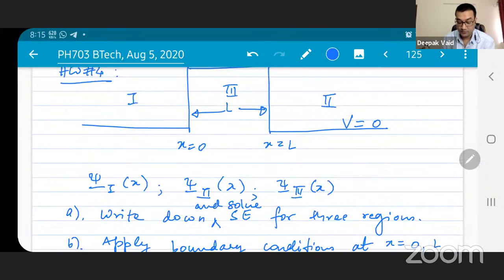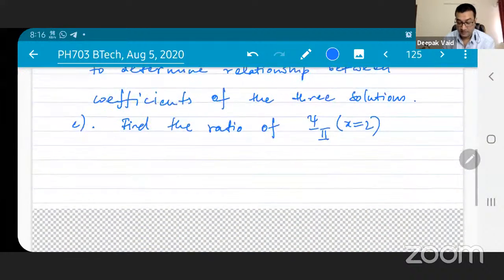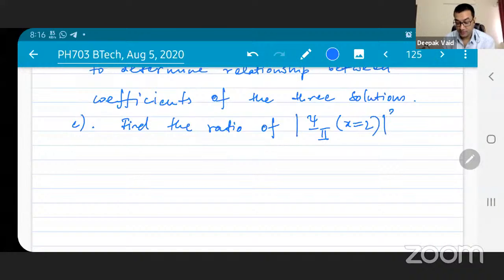So this is region 2. The amplitude of the wave function defined in this region at x equal to L, squared, divided by the amplitude of the wave function in region 3, defined at x equal to 0. Sorry, not x, at x equal to 0.